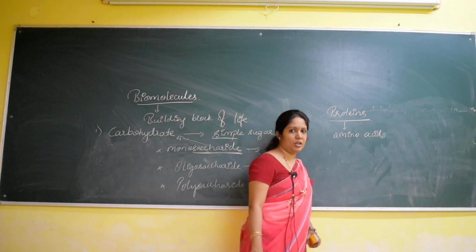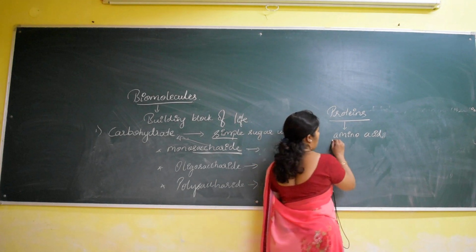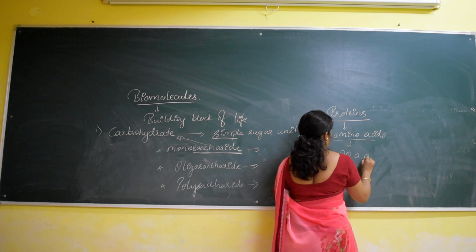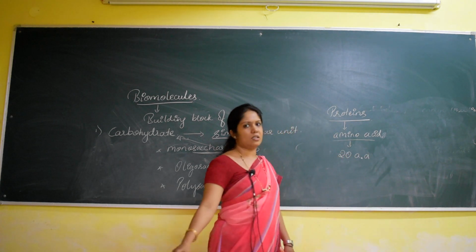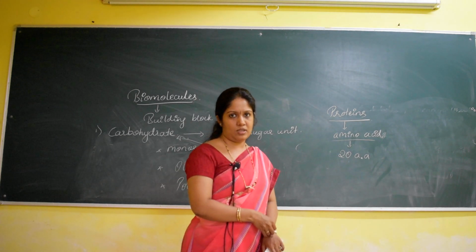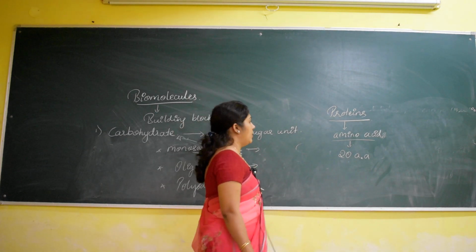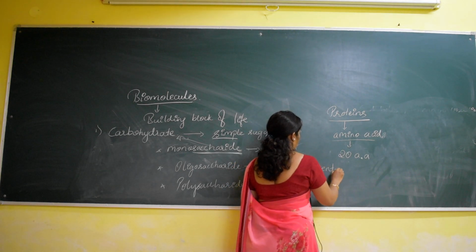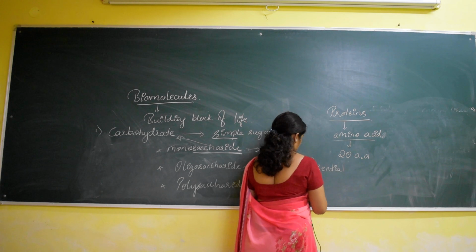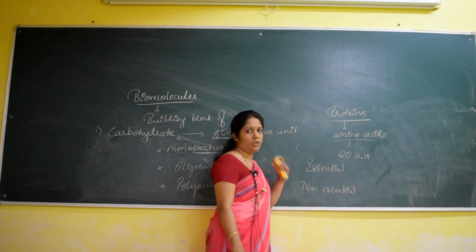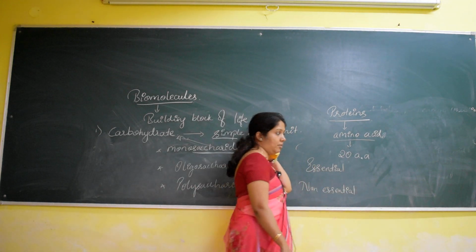Now, how many amino acids are there? There are a total of 20 amino acids. Wherever you write A.A., it is considered amino acid. So there are 20 amino acids known till now, and they are differentiated into two categories: essential and non-essential. What is an essential amino acid?